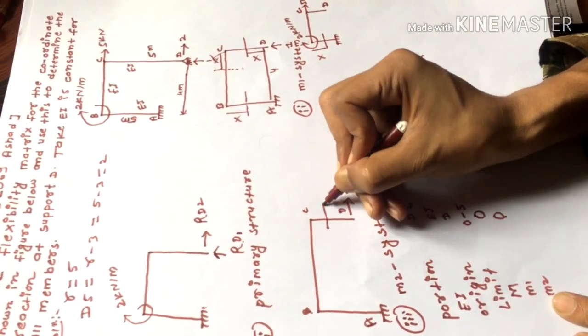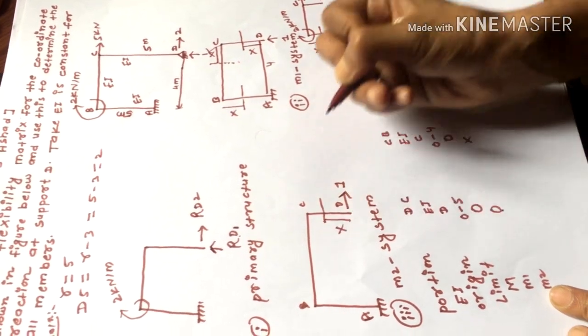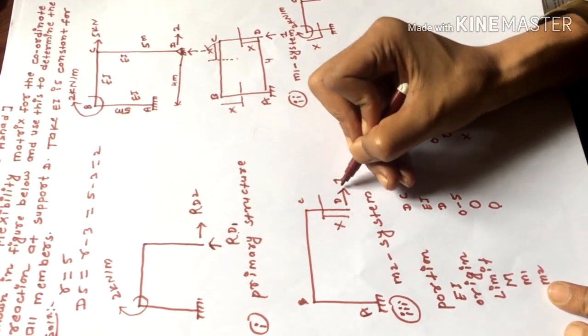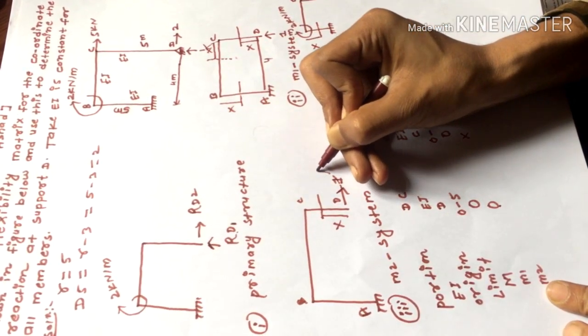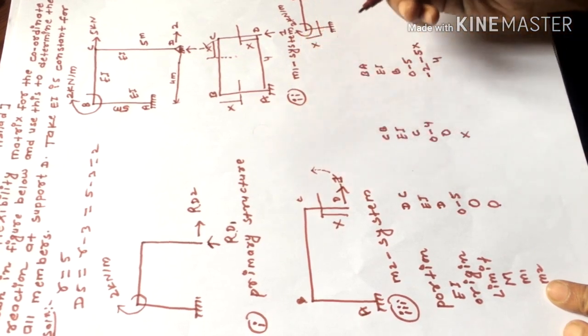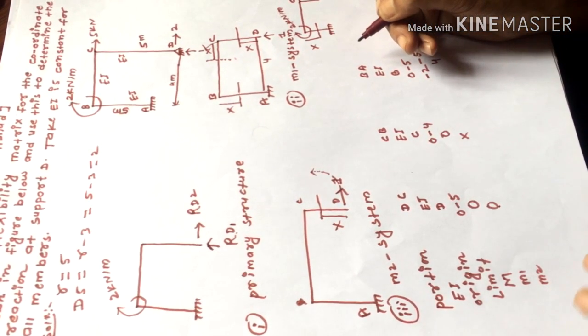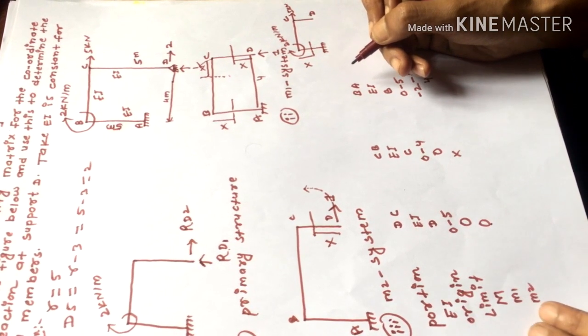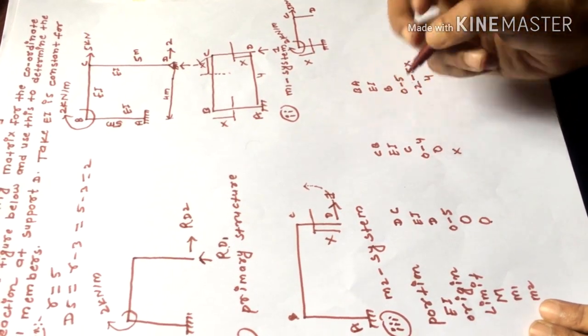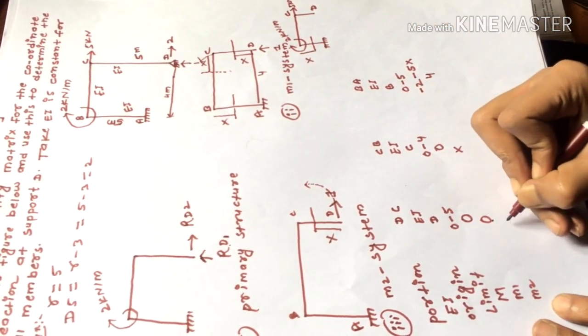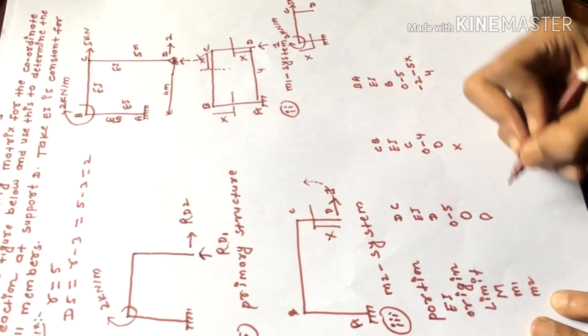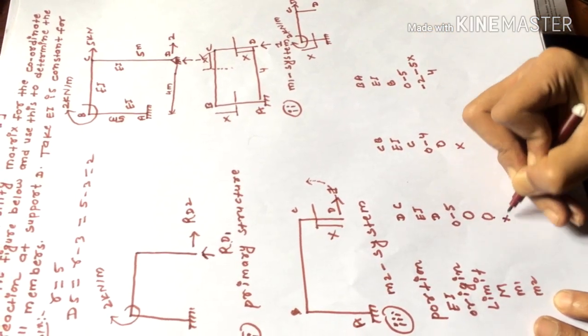Let us take a section at a distance of x from the origin D. Now we can see this 1 kilonewton force will rotate this section in anti-clockwise direction, and we know on moving from right to left we take anti-clockwise direction as positive. So 1 into perpendicular distance, that is x, so M2 is equal to x.